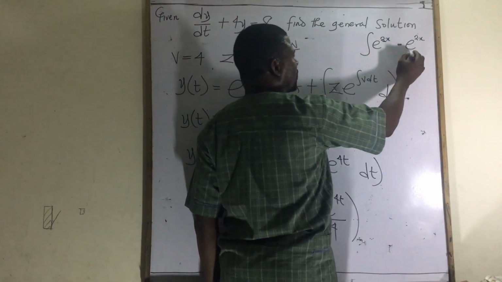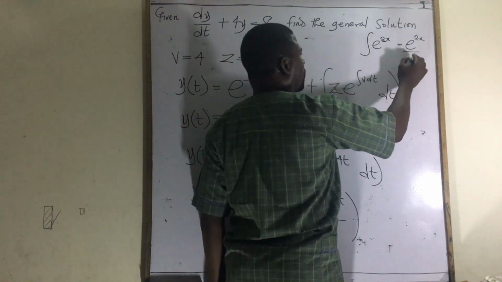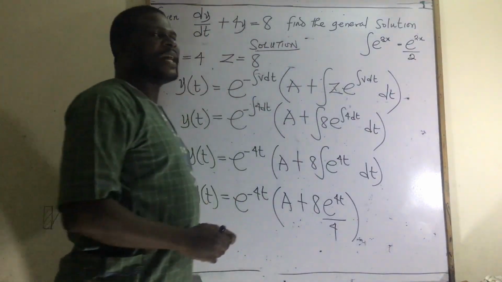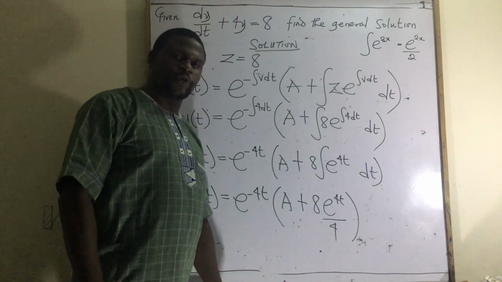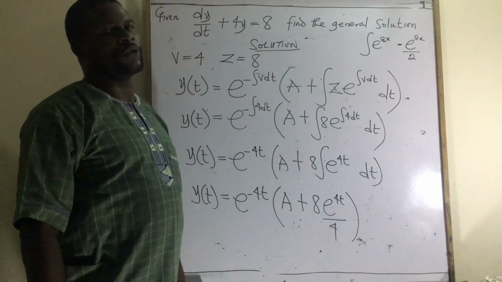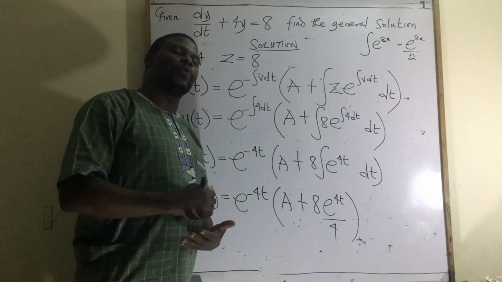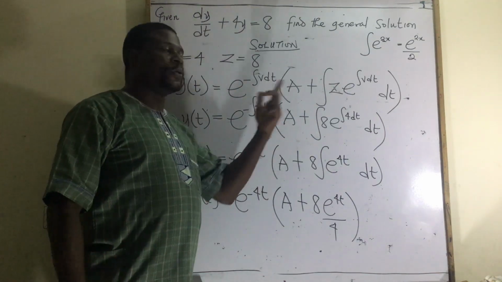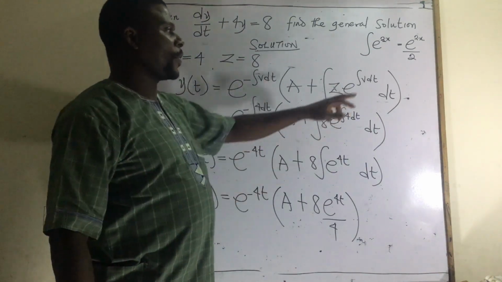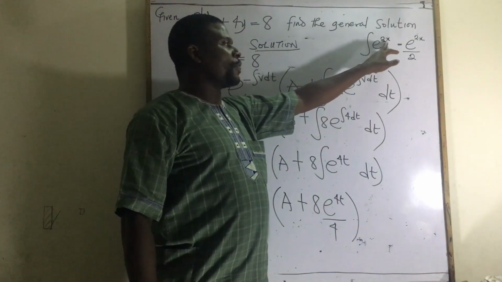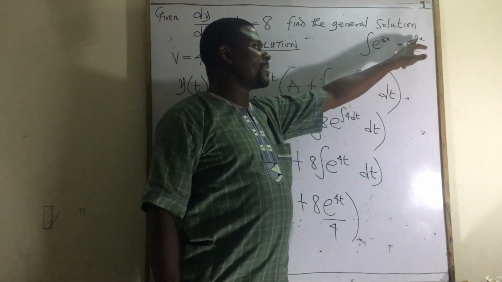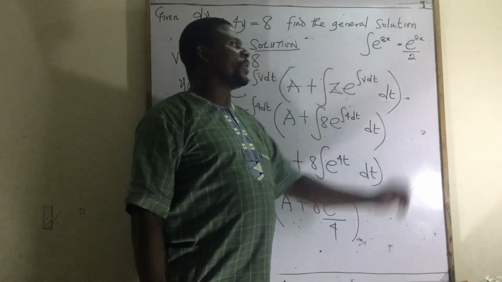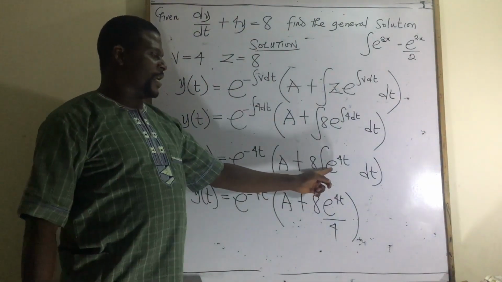If I differentiate 2x it is 2, I will now bring it down. That is why they call integration anti-differentiation. You are supposed to learn differentiation well before you know integration. So here now, the integral of e raised to power 2x is e^2x, then differentiate 2x to bring it down. So that's what we did here.